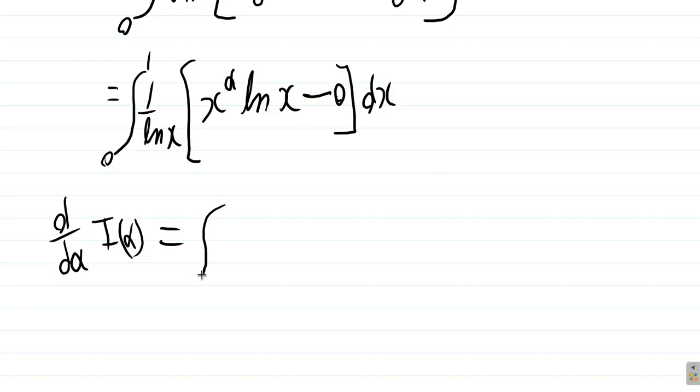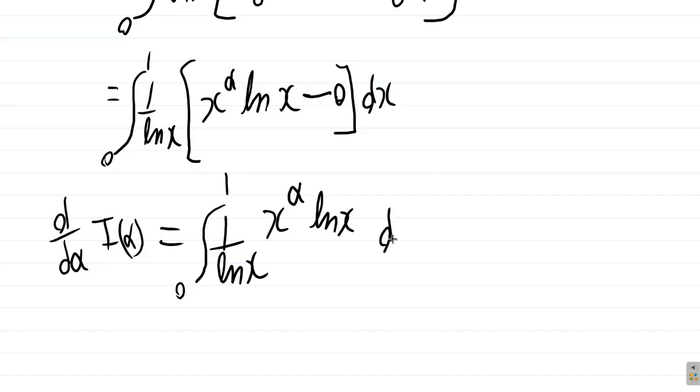Is equal to the integral, let's put this together now, from 0 to 1 of 1 over ln x, which is this, times this part now, x to the alpha ln x dx.